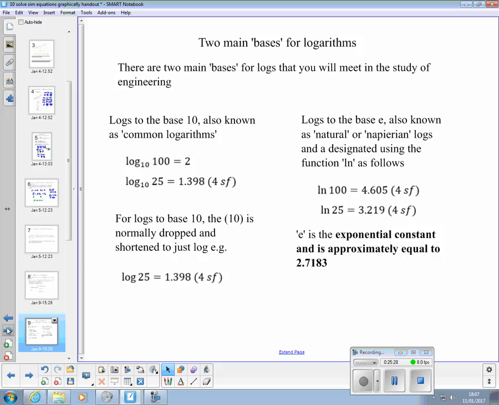It is a special number, and you'll find out why. One reason is when we look at differentiation and calculus in the last learning outcome of this module: it's a special function where its slope is equal to its value at any point. I won't worry too much about it at the moment.